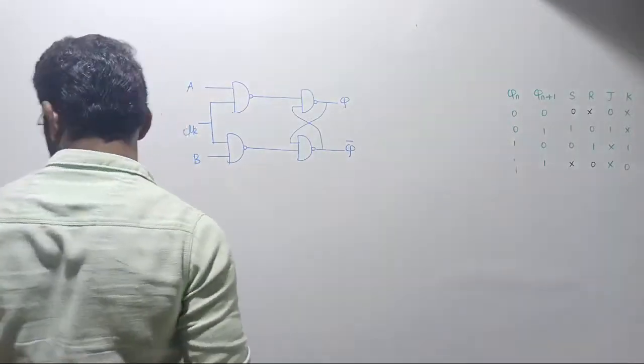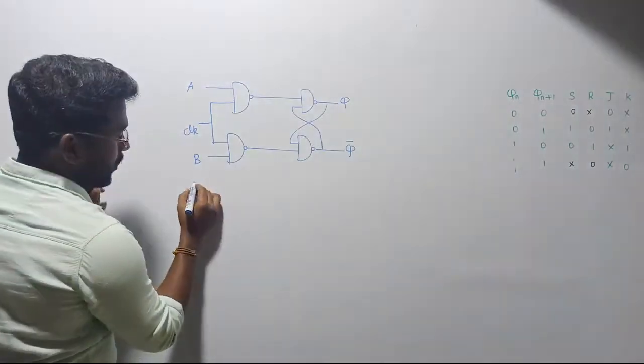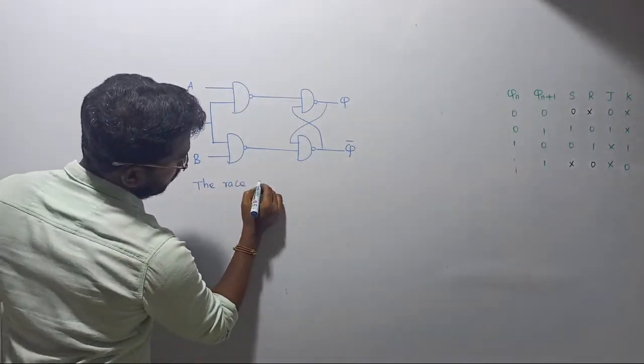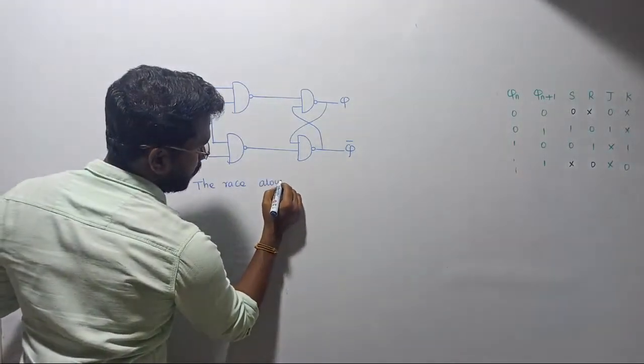That is the given circuit. Actually, the question is about the race around in the circuit.